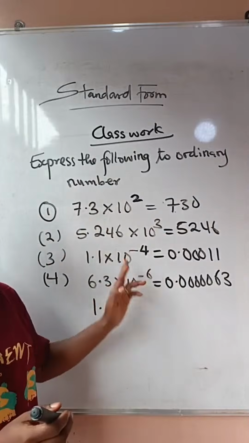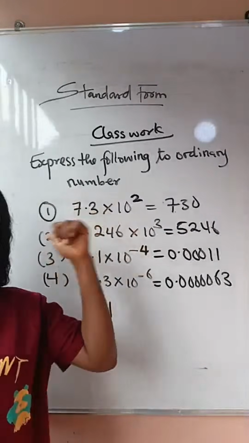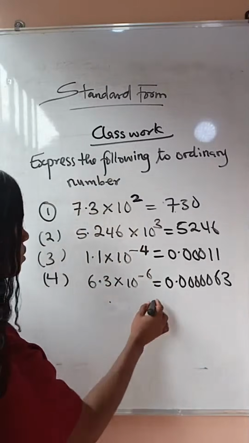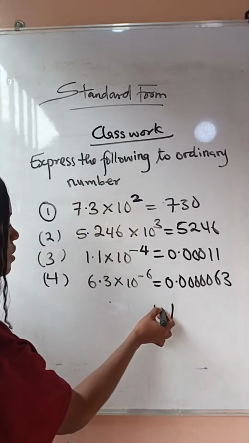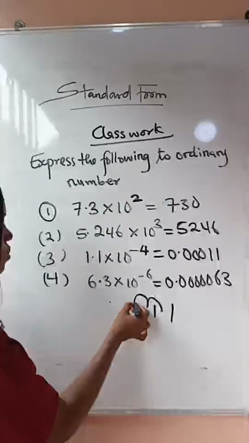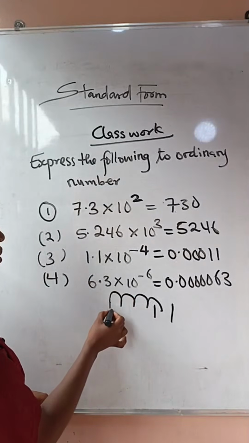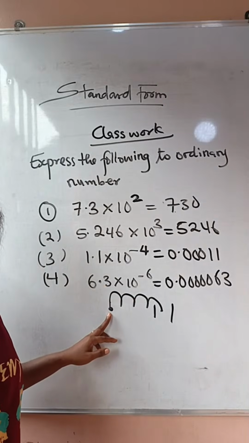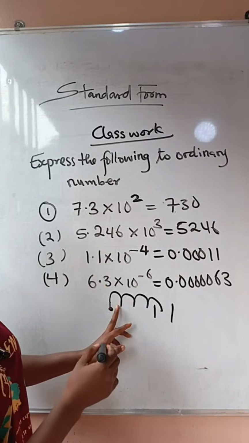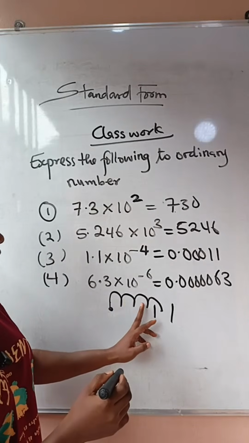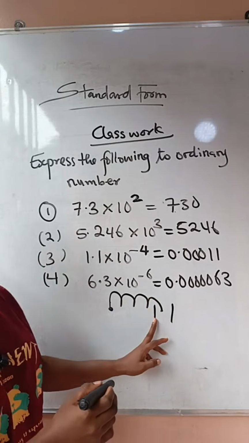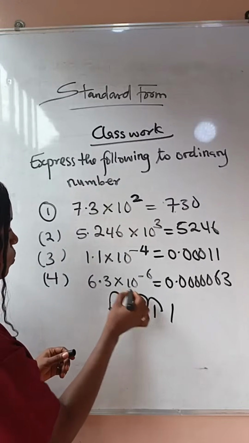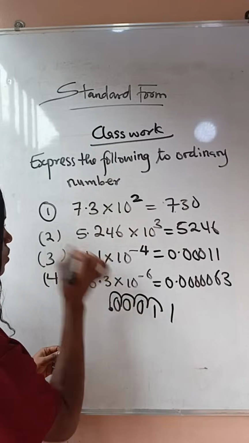So that is what this is talking about. This is negative. We are moving the decimal point backwards. So we do that 4 times. This is 1.1. We do that 4 times: 1, 2, 3, 4. So this is the present position of our decimal point. Now remember that we have space here. This place is already covered with 1, so we don't have any problem here. So we need to fill this up with 0, this with 0, this with 0.